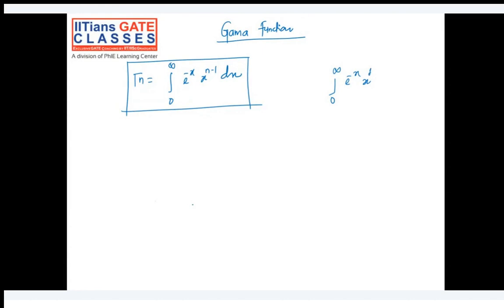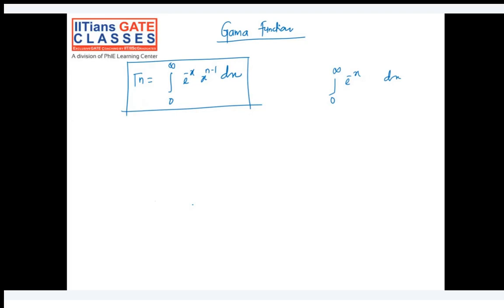In this case the value of n will be 2 minus 1, so it's a gamma 2, right? x raised to the power 3 minus 1, so it's a gamma 3. x raised to the power 4 minus 1, it's a gamma 4. x raised to the power 0, it means x raised to the power 1 minus 1, which is the gamma 1.